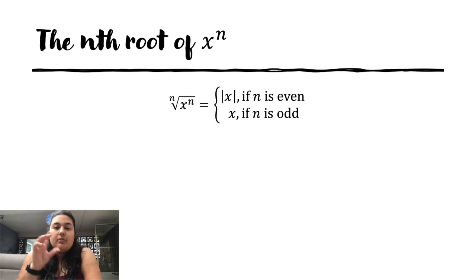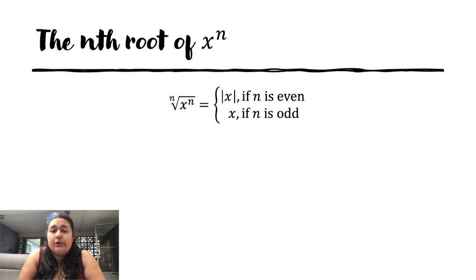But the problem, not really a problem, but what we need to consider, like our previous lesson where we had 4 times 4 is 16 and negative 4 times negative 4 is 16, I don't know if x is positive or negative, because either way I'm getting a positive answer.